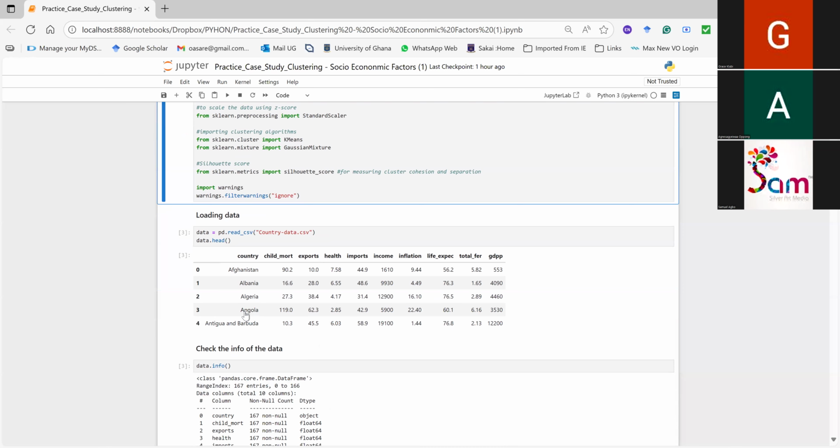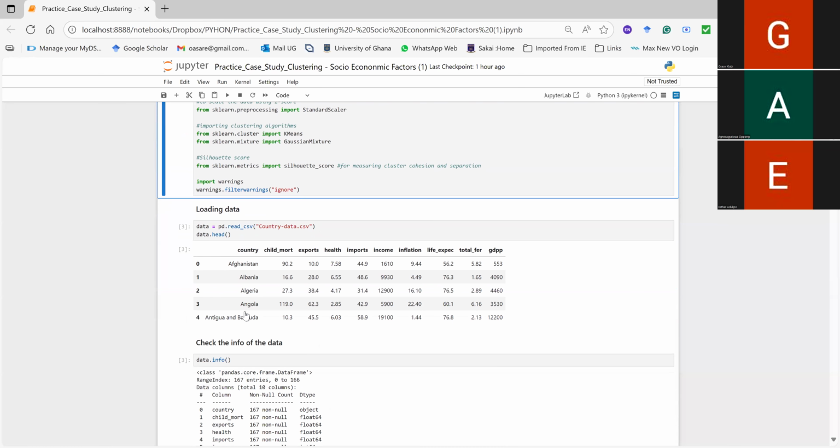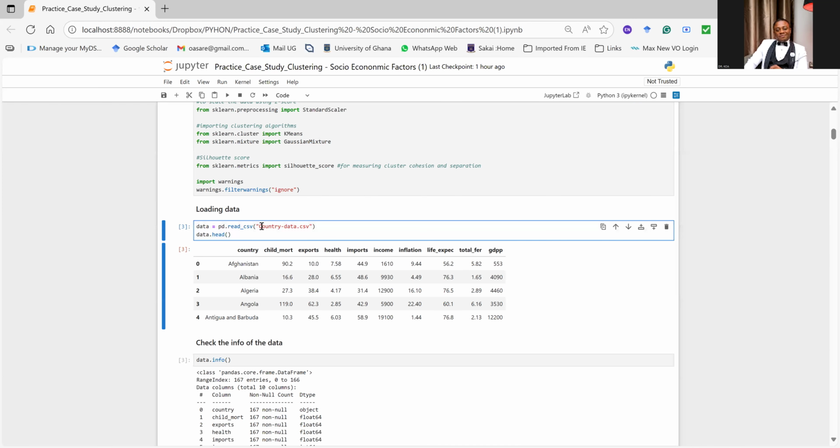The next thing is to load your data set. This command has your data set, and the data set is called country-data. This is a CSV file, so it's important that you add .csv to it. Remember, it's not an Excel file.